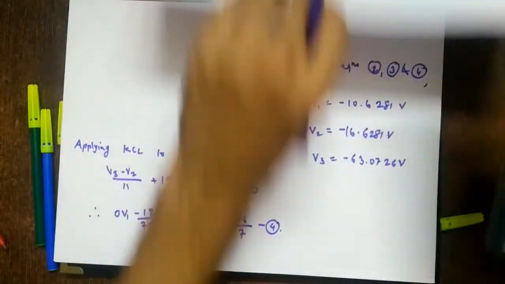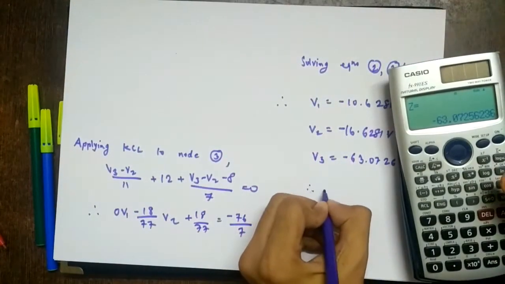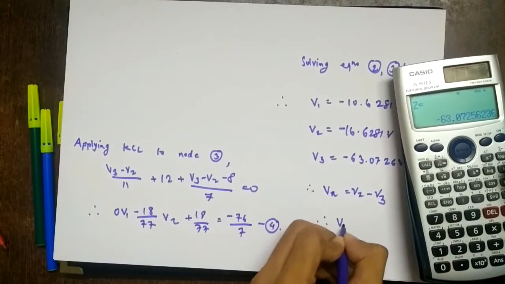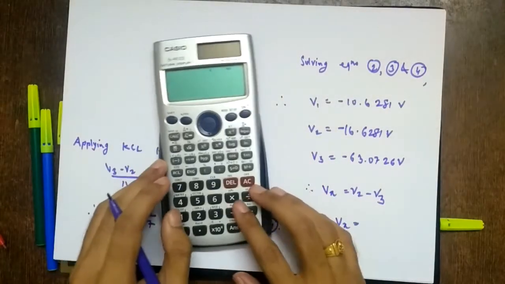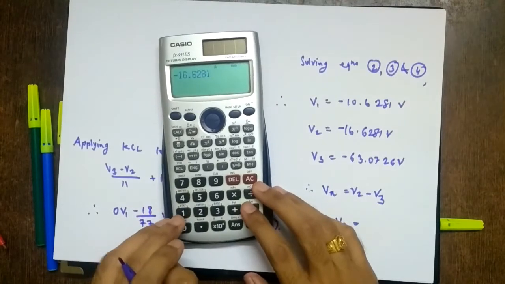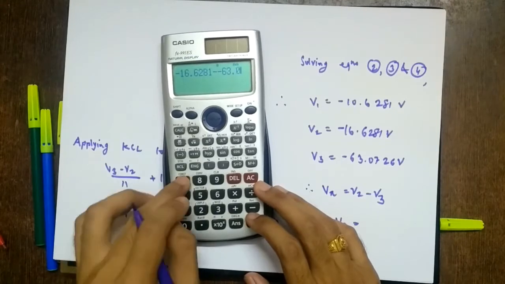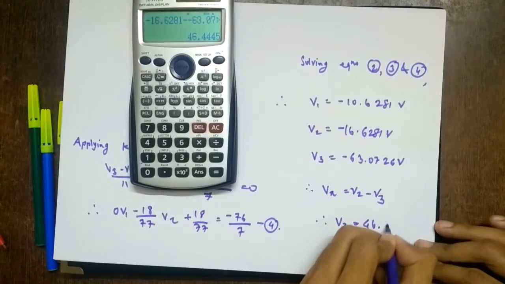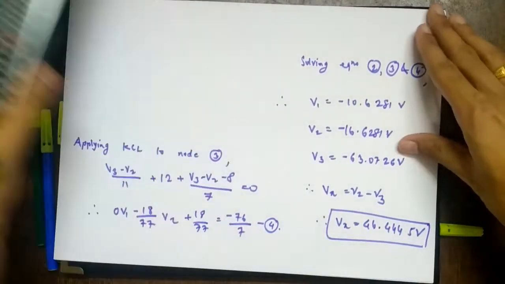So Vx is V2 minus V3. Therefore, Vx equals minus 16.6281 minus of minus 63.0726, so 46.4445 volts. So this is our final answer, right?